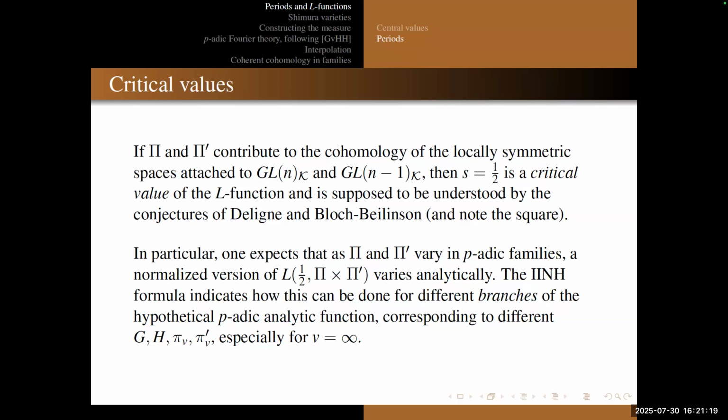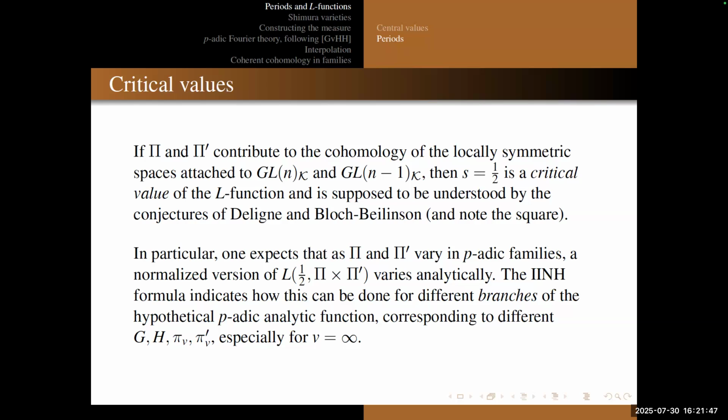Again, I will not say too much about this, but every choice of specific data, specific unitary groups and specific local factors in the unitary group corresponds to a different branch of a p-adic L function. This is particularly important for the Archimedean factor, the representations of the unitary groups.